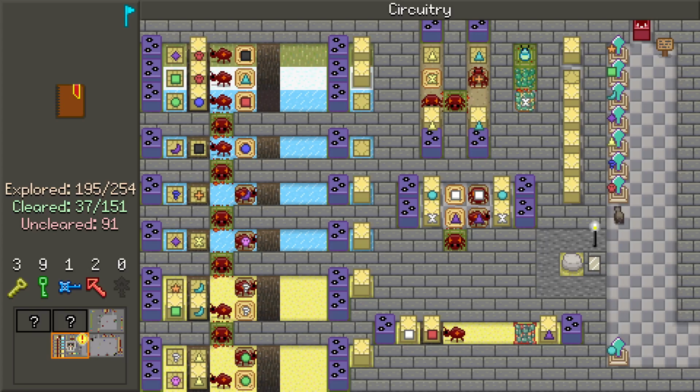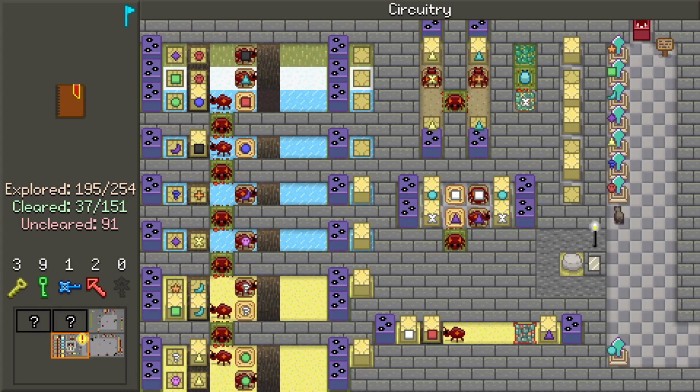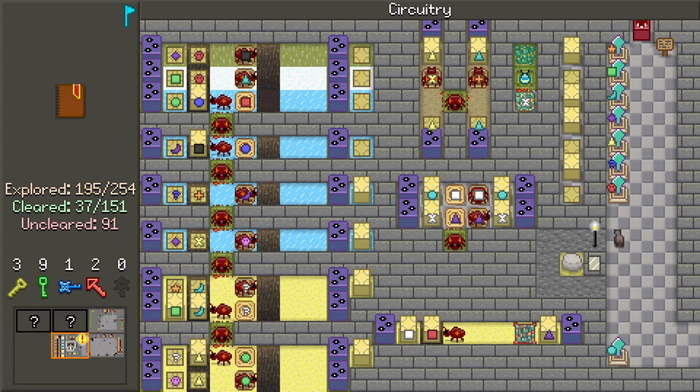So this is equivalent to the other state that I had, but using the other bomb bug on the right here. So I can change this. And again, it's the same.